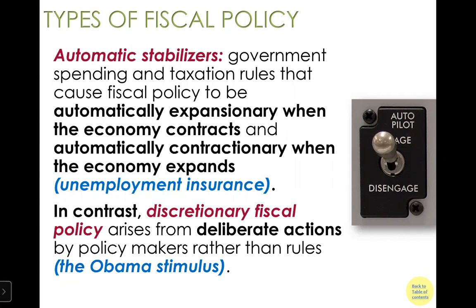So when the economy is in a contraction, more people lose their job. The unemployment rate will go up, and this unemployment insurance program becomes larger. In other words, the government automatically must spend more. But by spending more on the unemployment insurance program, that actually is going to help the economy by increasing aggregate expenditure.